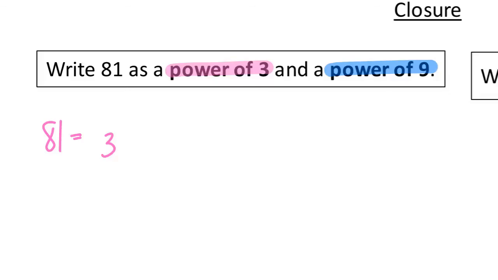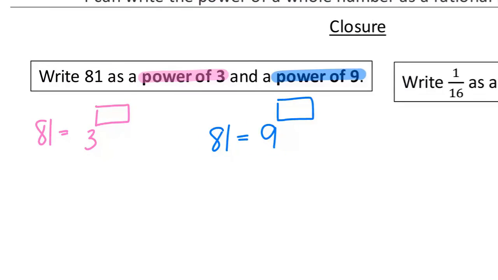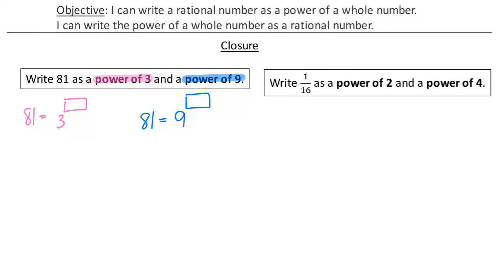And I want you to see that 81 can also be written as a power of 9. So that's 9 to the what power? Likewise with the 1/16. Tell it to me as a power of 2 and a power of 4.